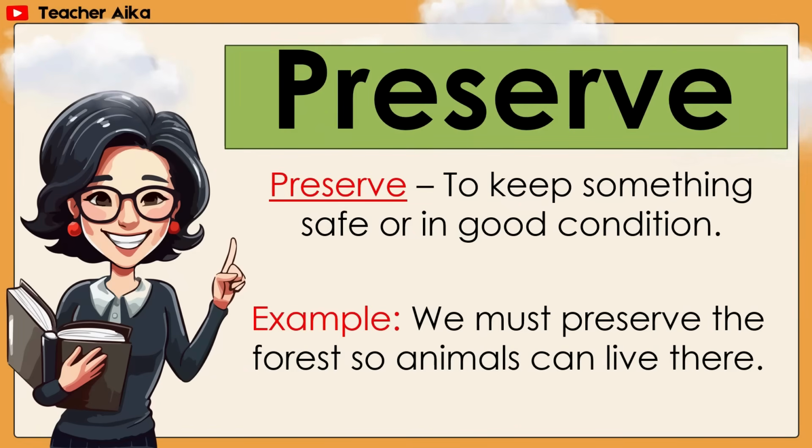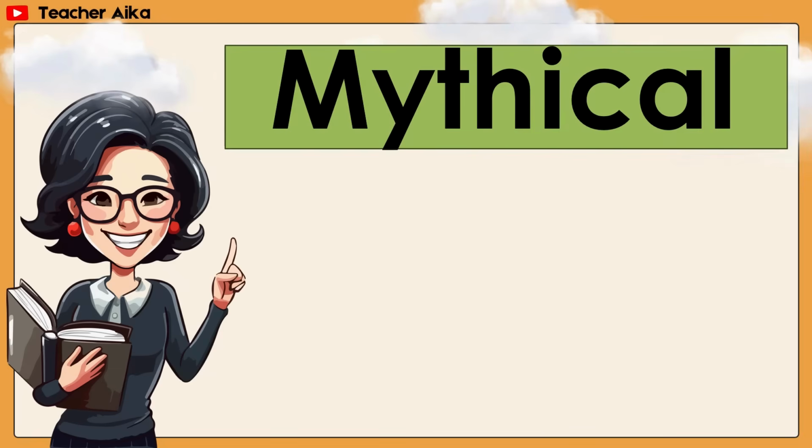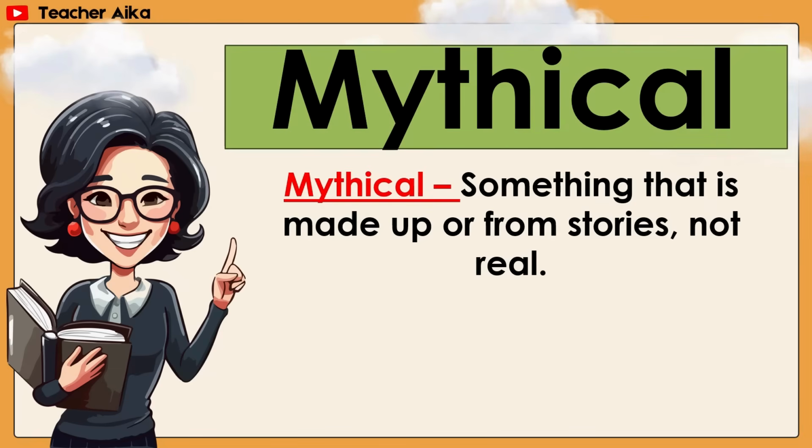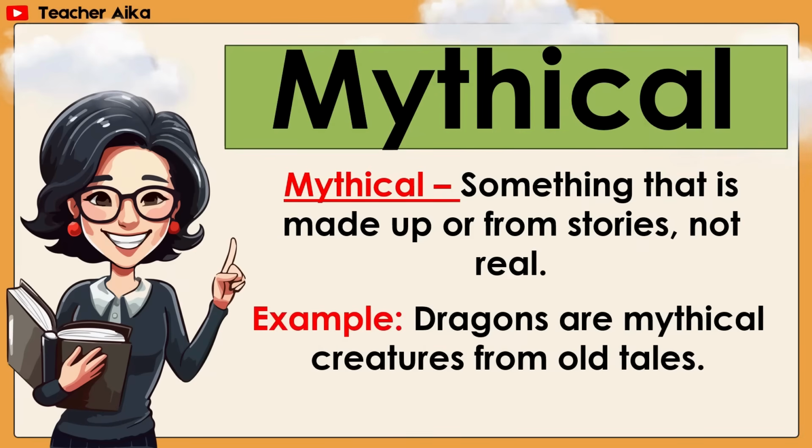Example, we must preserve the forest so animals can live there. Mythical. Something that is made up or from stories, not real. Example, dragons are mythical creatures from old tales.